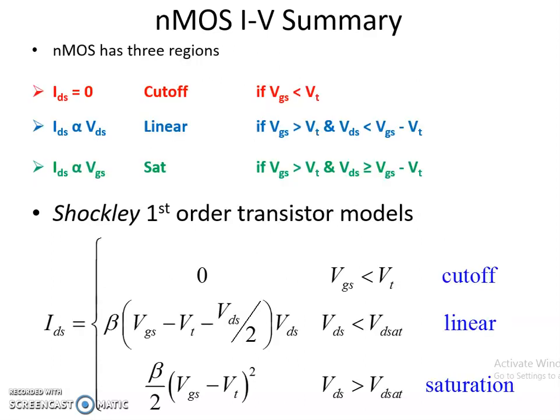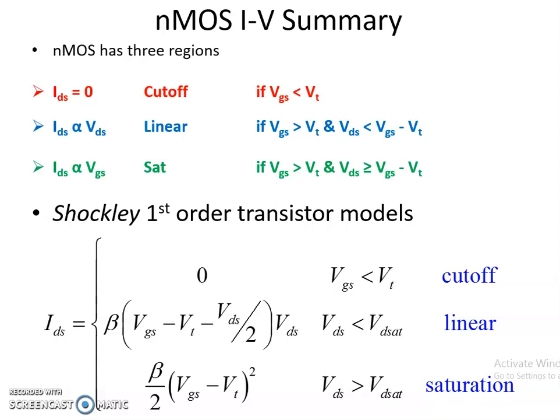So in summary, we can say that NMOS has three regions: cutoff, linear and saturation. In the cutoff region, if the gate potential is less than the threshold potential, the output current is 0.